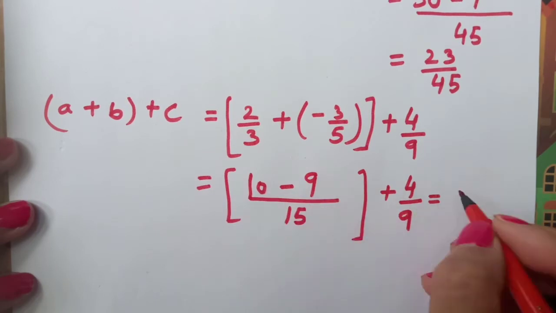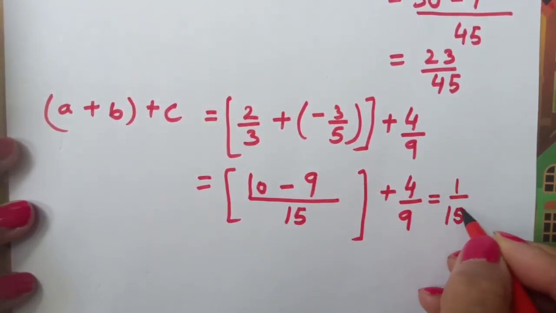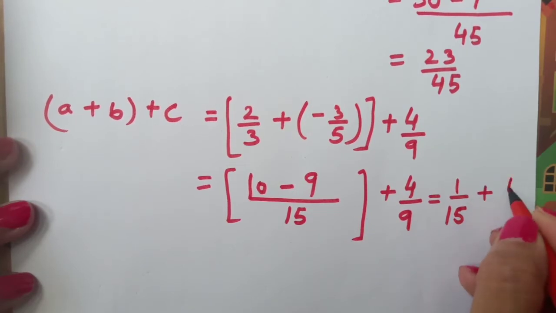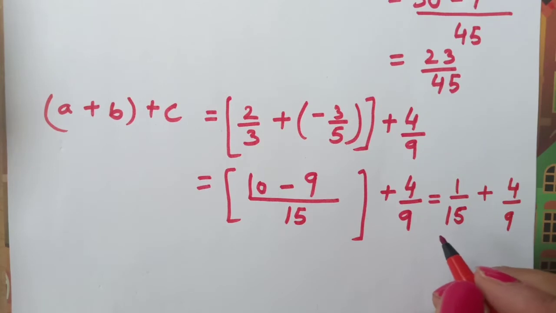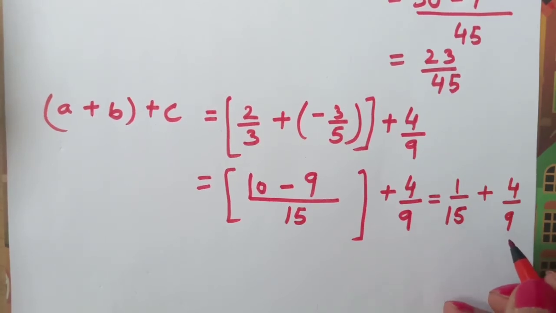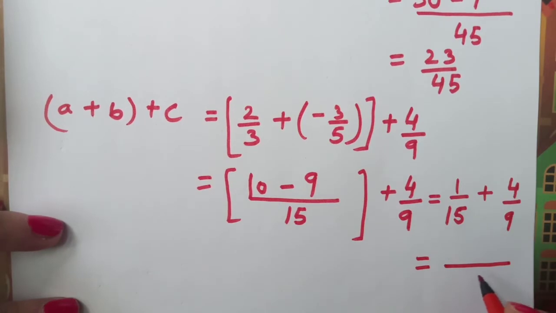Then we will solve it. 10 minus 9 is 1 upon 15 plus 4 upon 9. What we will do? Again we will take the LCM of 15 and 9. What we will get?